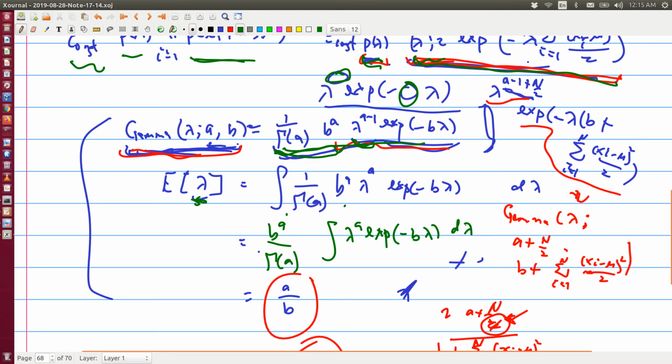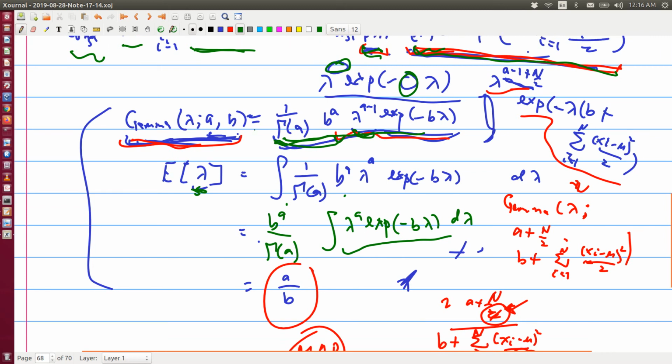But note that this is very similar to the gamma PDF. It actually corresponds to a gamma PDF with parameters a plus 1 and b, right? Because originally, when the parameter is a, it should be lambda to the a minus 1. Now this is lambda to the a, so the parameter should be a plus 1.